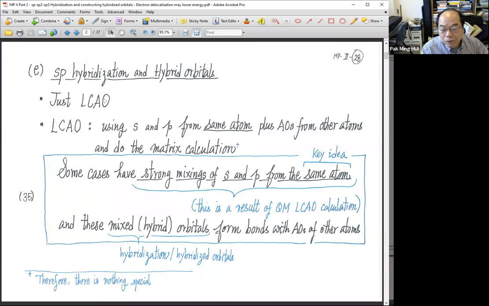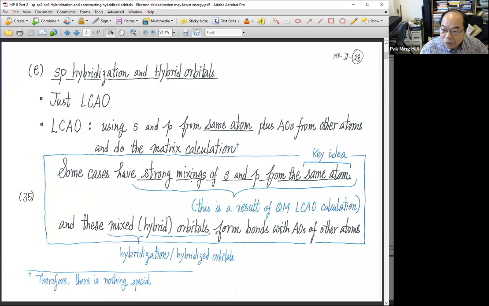Hybridization refers to the following situation. When you include some s atomic orbitals and some p atomic orbitals from the same atom. Now that's the important point, same atom. And then when you do LCAO with some other atoms as well, you do the calculation at the end in order to describe the result.